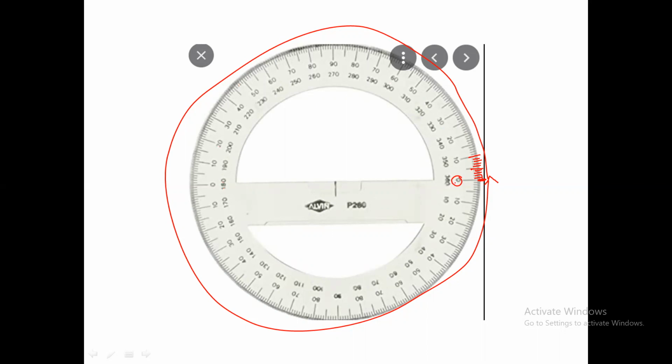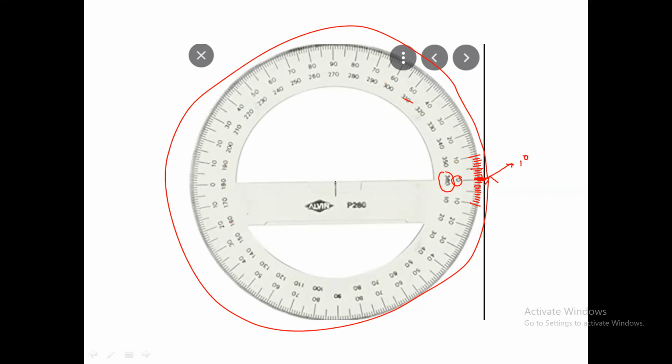If you start from here, then also you can see 1, 2, 3, 4, 5, 6, 7, 8, 9, 10, 20, 30, 40, 50, 60, 70, 80, 90, 100, 110, 120, 130, 140, 150, 160, like that, 310, 320, 330, 340, 350, 360 parts. If you take each part, like this part which I have colored, this represents 1 degree.